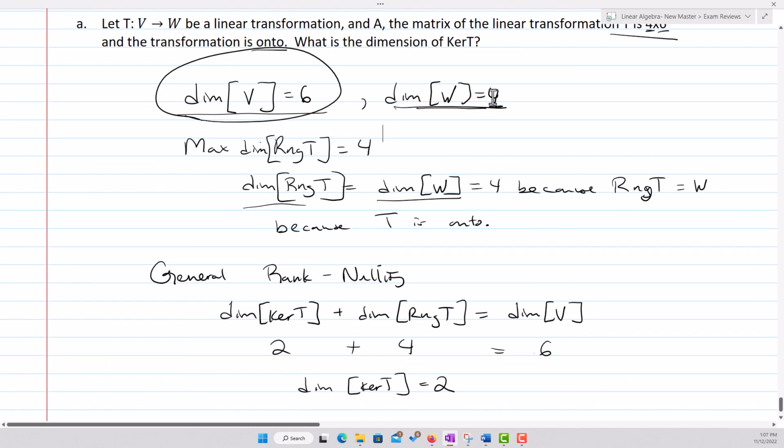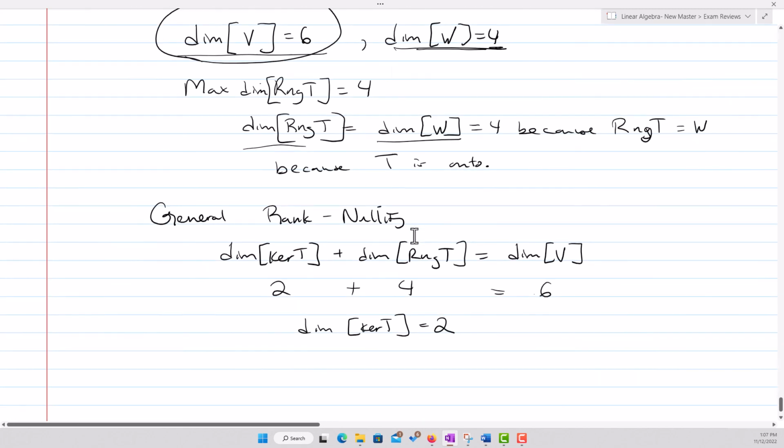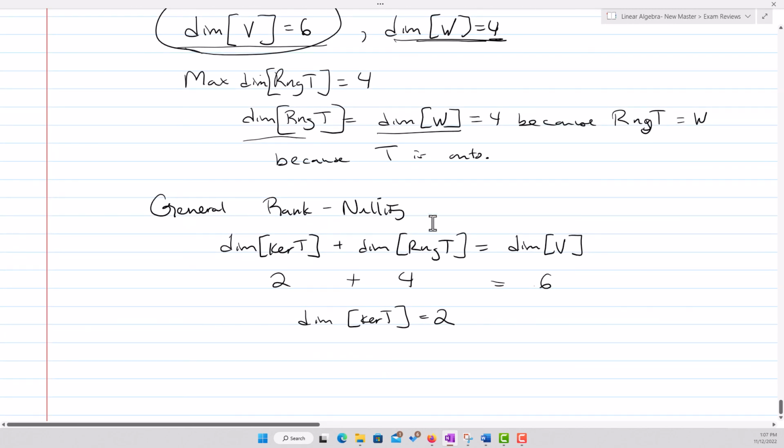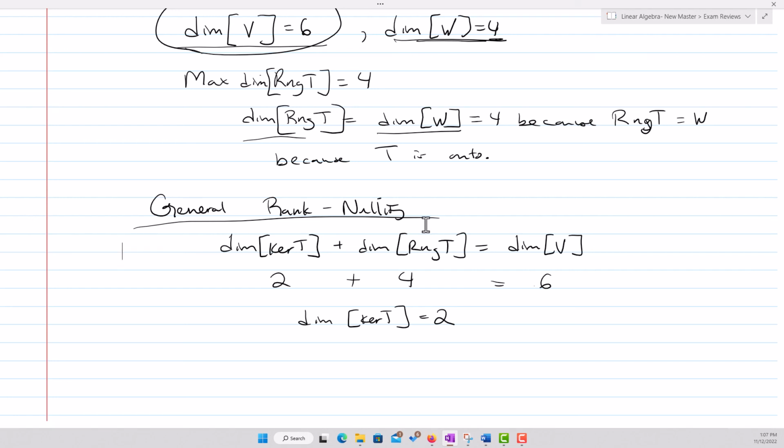But we know that the transformation is onto, so the range of T does equal W. Then all we have to do is plug this into our general rank nullity. The dimension of the kernel of T plus the dimension of the range of T is equal to the dimension of V. 2 plus 4 equals 6. So the dimension of the kernel of T is going to equal 2.